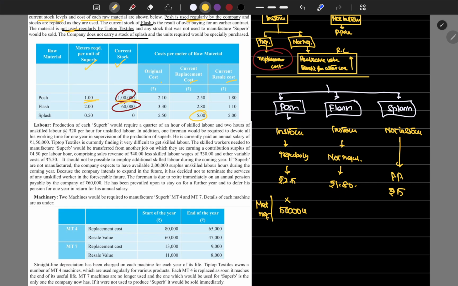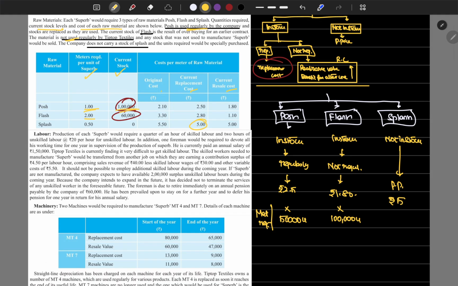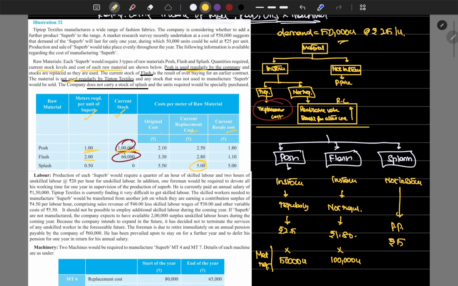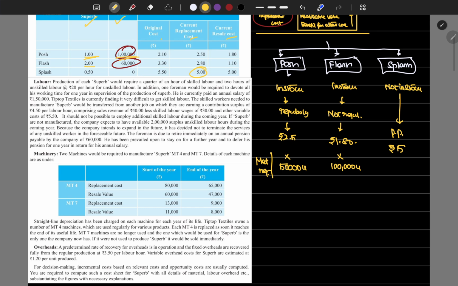What about the flash? Flash requires 2 units, so 2 into 50,000 units of demand. So 1 lakh units of flash are required for the production of superb.